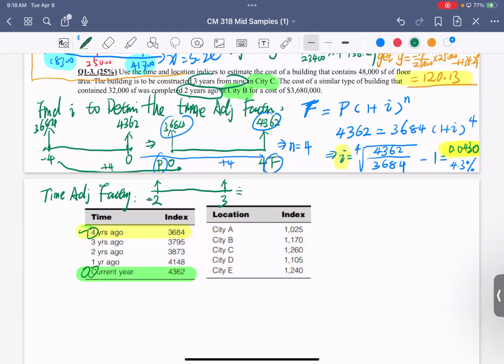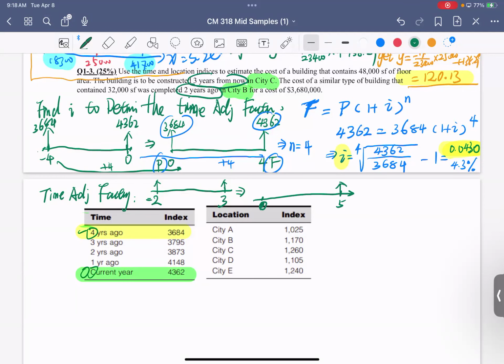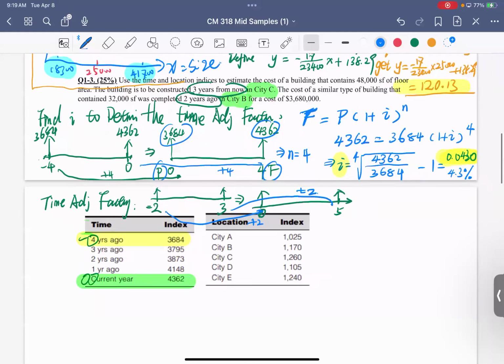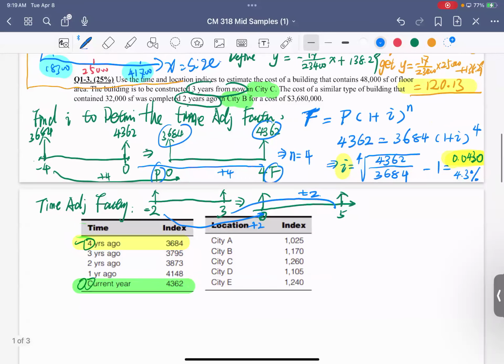Then you can convert this one again to 0, and this will be 5. Does that make sense? Because you are adding 2 to the -2, and adding 2 to the 3 as well. In your calculation, you don't need to show me these blue lines over here.